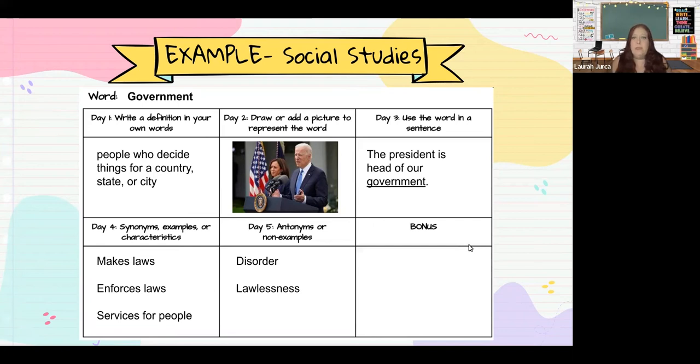You could do something like have them identify root words. So in this case, govern, prefixes, suffixes, things like that. Anything you really want to do with that bonus, you could ask a question that requires them to use the vocabulary word. So anything you want for that bonus square, you could have them do for your fast finishers.